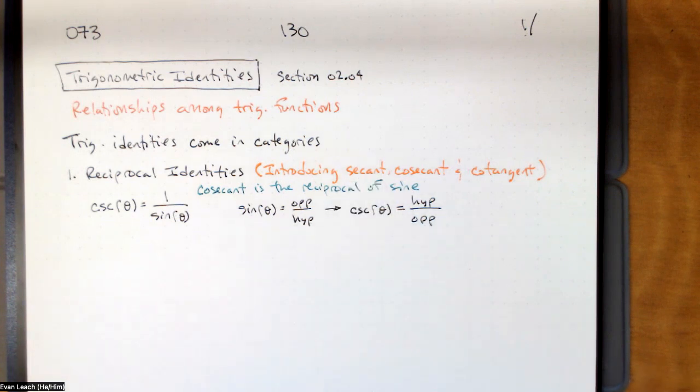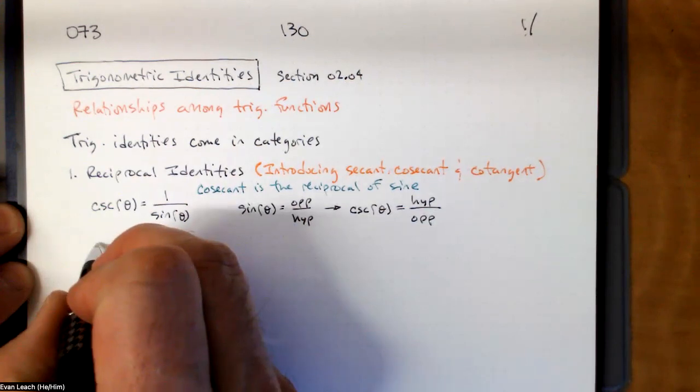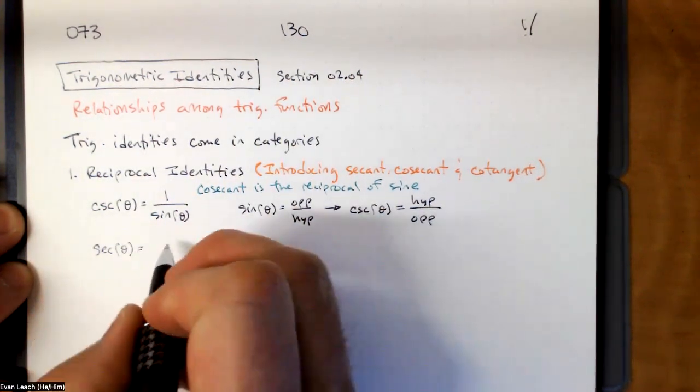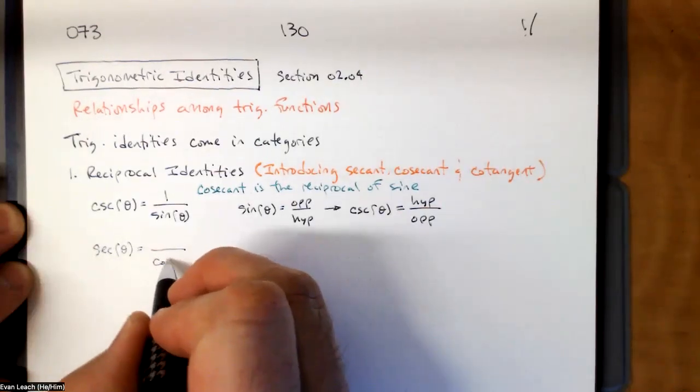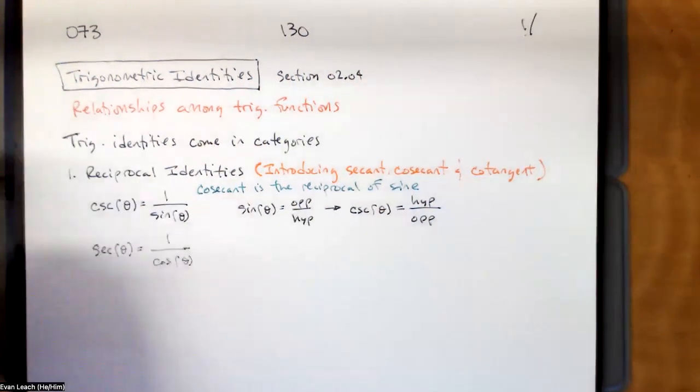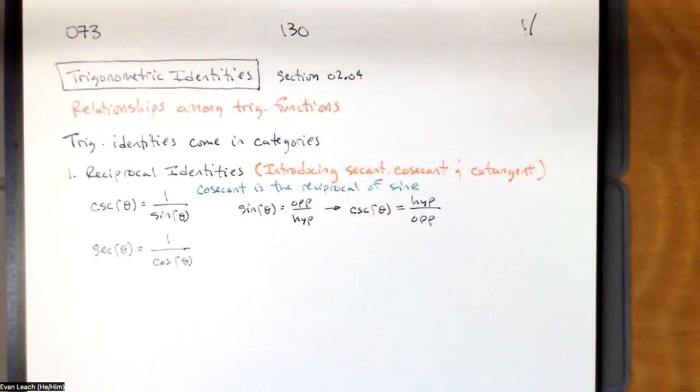Another of our important reciprocal identities is secant of theta is 1 over cosine of theta. Secant of theta is 1 divided by cosine of theta.